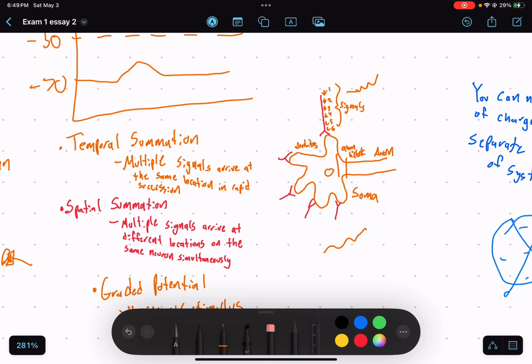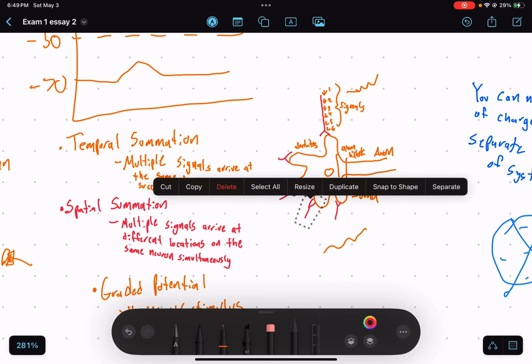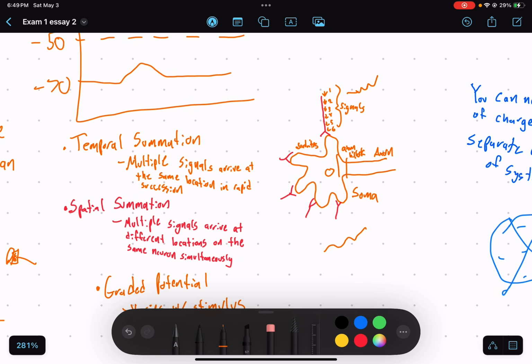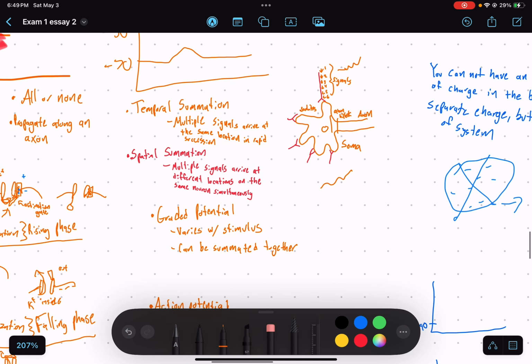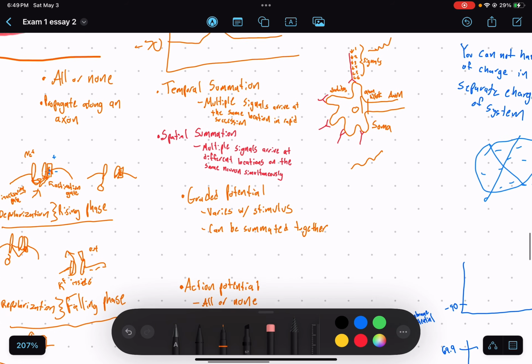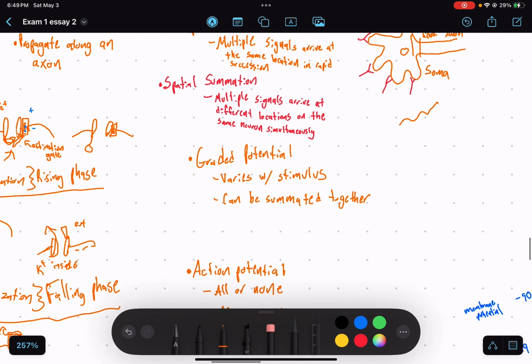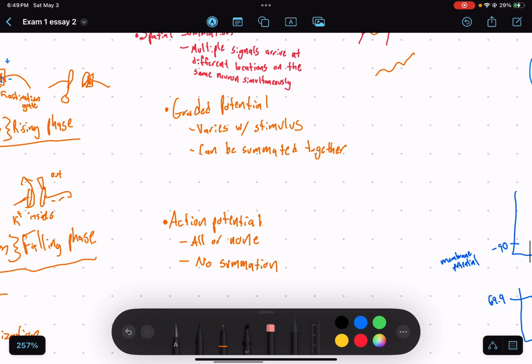As you see in red over here, you're getting multiple signals at a bunch of different locations, but it's still within the same neuron. So knowing the difference, with that, I want to talk about graded potential and action potential.